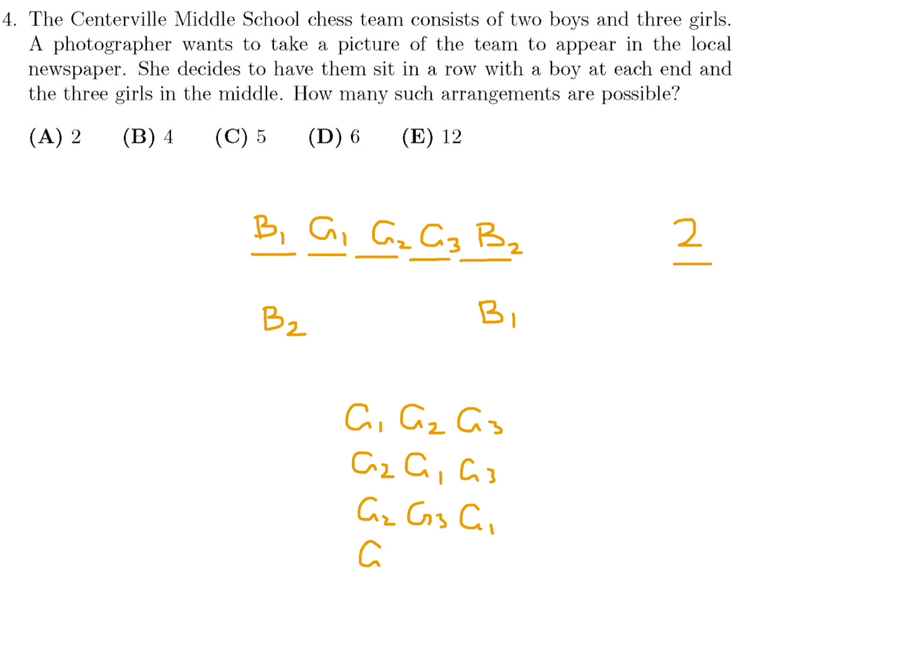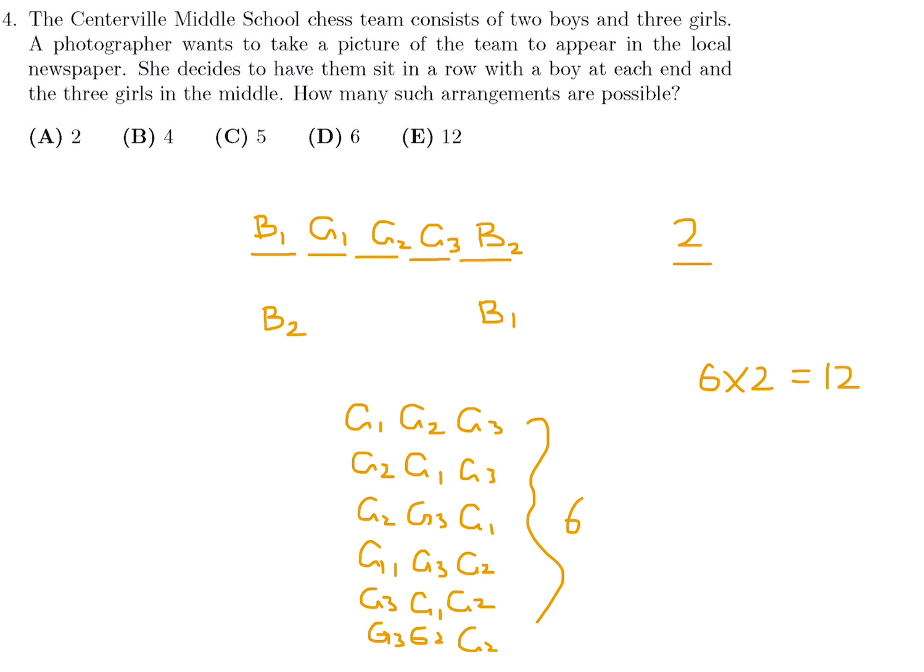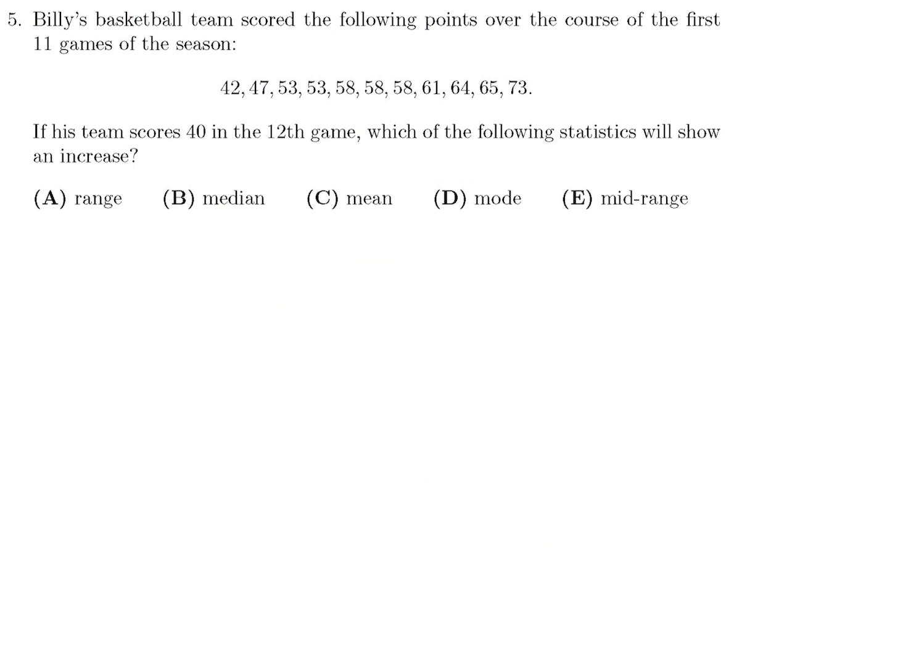And you can do the same thing with G1, here, here, or here, but then you reverse the G2 and G3. So as you can see, this is 6. So 6 times 2 is the total number of arrangements, and that is 12. So number 4, the answer is E.